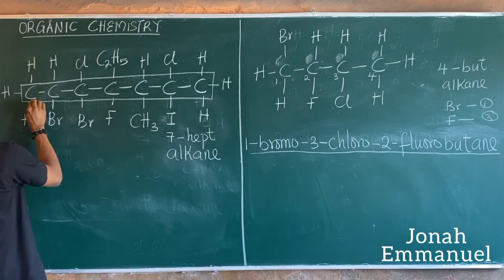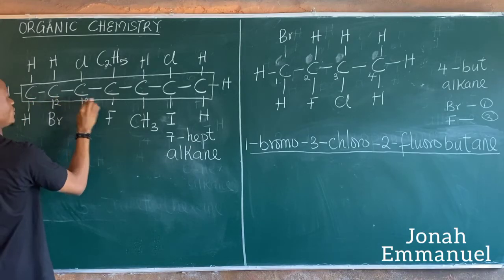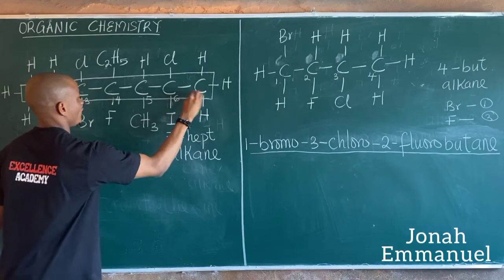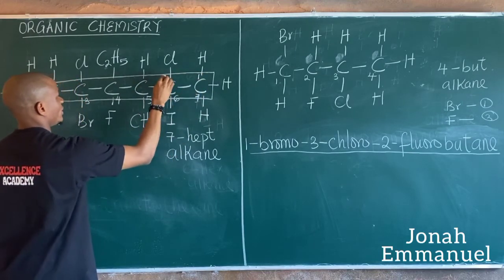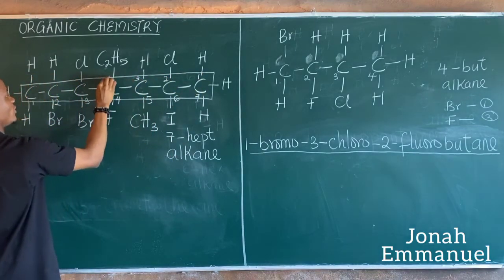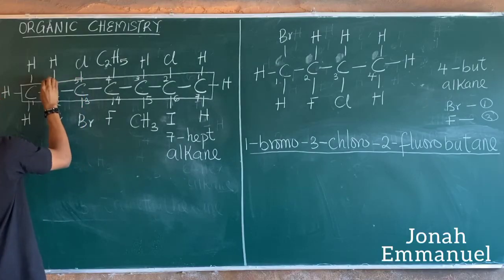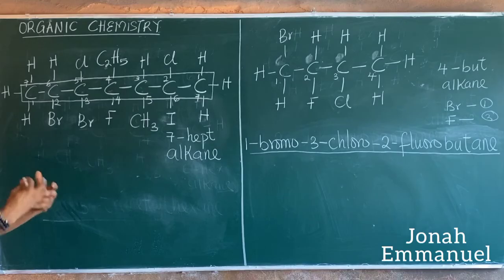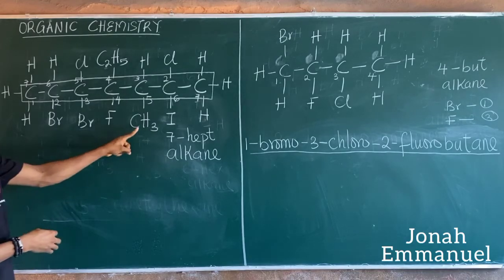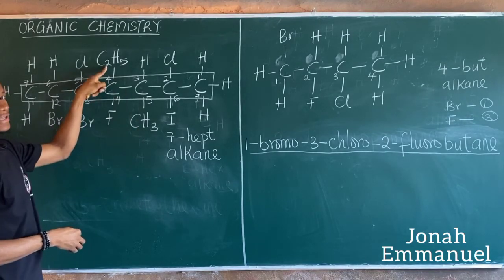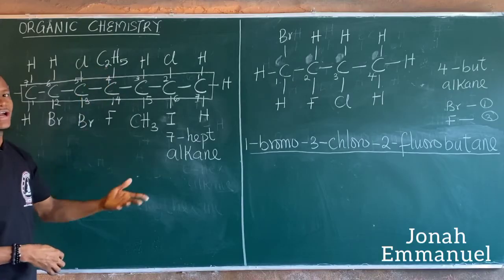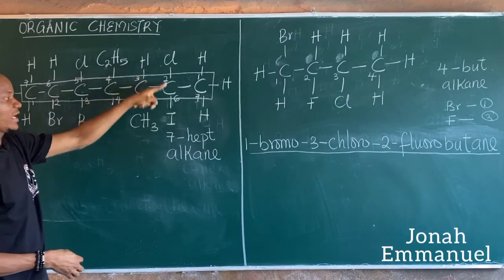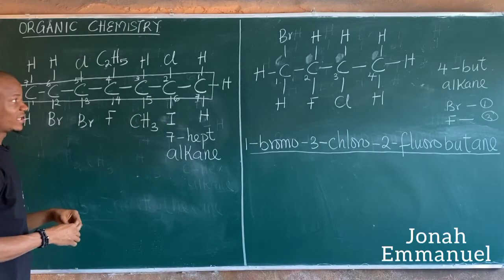I'll take numbering as 1, 2, 3, 4, 5, 6, 7, and upper numbering 1, 2, 3, 4, 5, 6, 7. This becomes a case where I have both organic substituents such as methyl and ethyl combined with inorganic substituents such as bromine, fluorine, chlorine, iodine. So I'm having this case now.